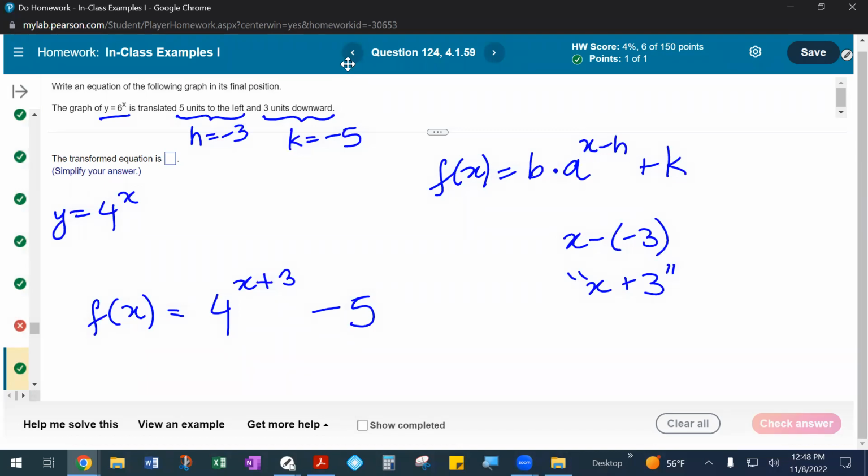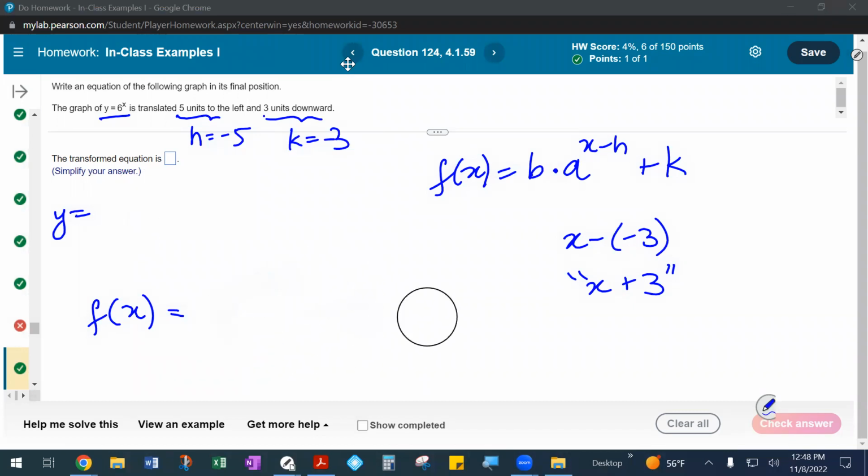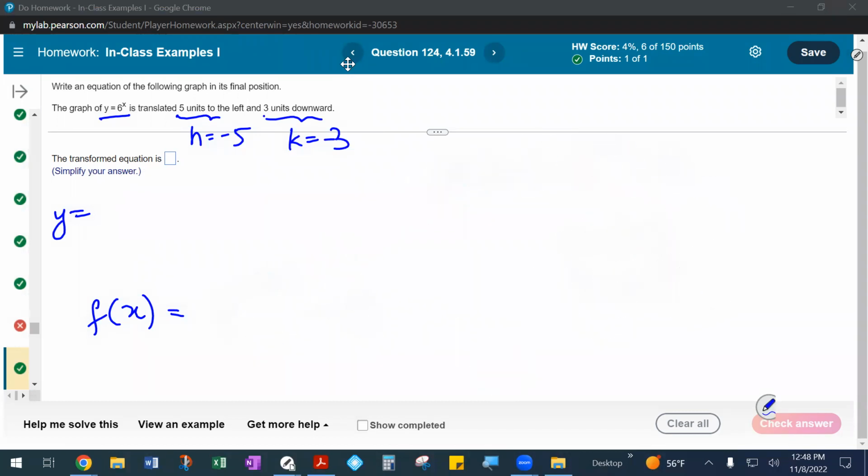Okay, it's pretty much the same thing. It's moving 5 units left, 3 units down. And of course, your base changed a little bit. So that would be 6 to the x, and you're asking if you can leave that as negative and negative, right?